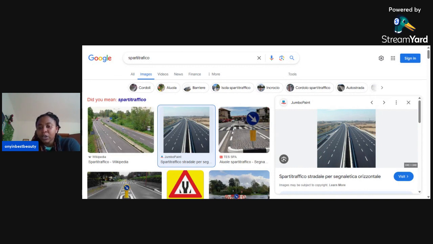For example, here we have 2 separate carriageways. Over here we have 3 lanes, and over here we have 3 lanes. But what separates these 2 carreggiate? This is one carreggiata and this is another carreggiata, because there is a spazio-traffico. What separates carreggiate is spazio-traffico.